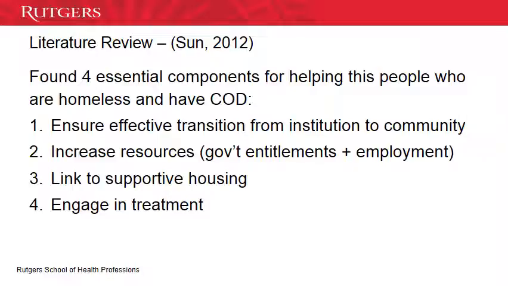One is improving their access to government entitlements, and number 2 is increasing access to viable permanent employment, whether that's through services designed to help support the individual or any other means possible. There's definitely a detachment from this population with employment opportunities. Three, the third component is linking the individual to supportive housing services. And number four, engaging them in treatment.